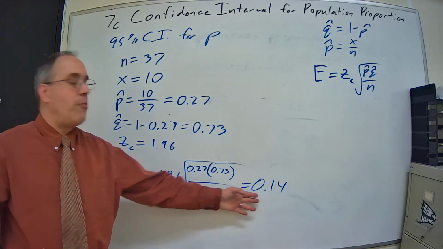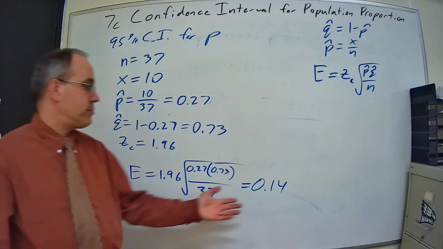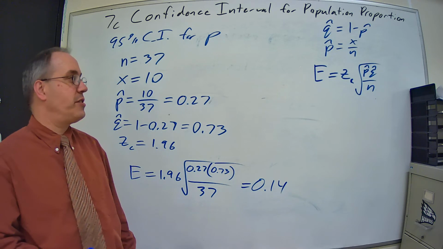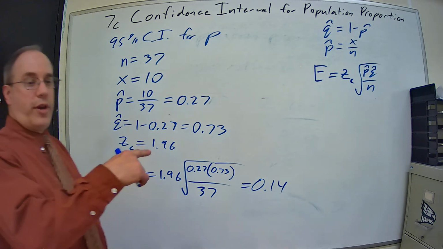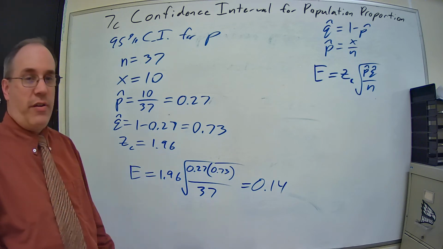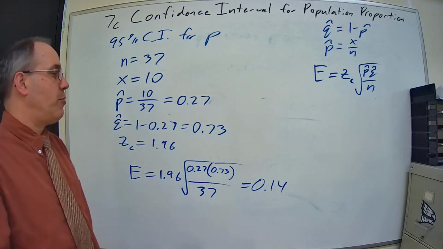So now that we have our margin of error, we can now find our confidence interval. Remember, it's our point estimate, so in this case, P hat minus our margin of error, and P hat plus our margin of error.